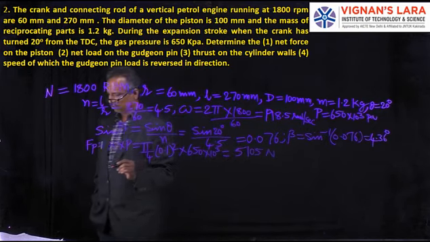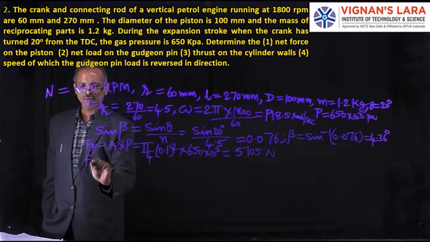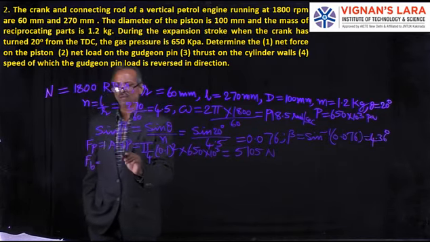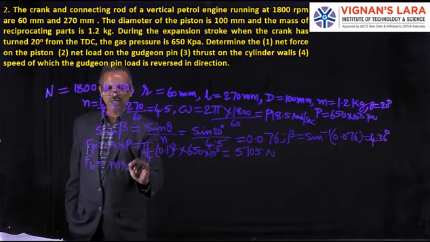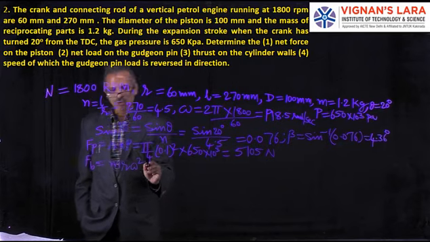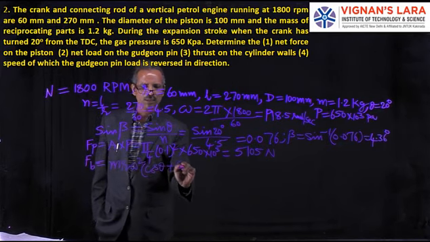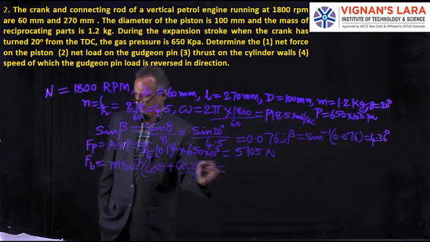This is the force on the piston. Then the inertia force, which we have written FB. You know the formula for inertia force: m r omega square into cos theta plus cos 2 theta by n.